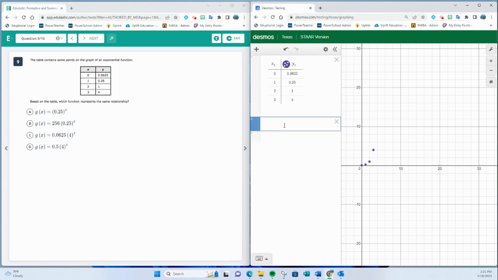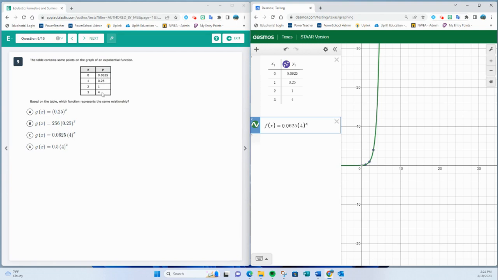So I'm going to try out C. And I accidentally put an extra number in there, and I can see that C is actually hitting all of the purple points.